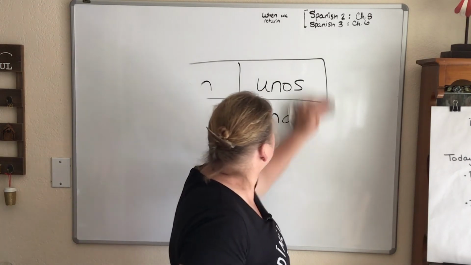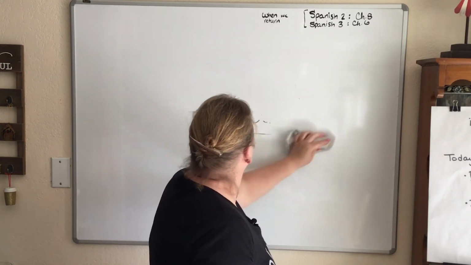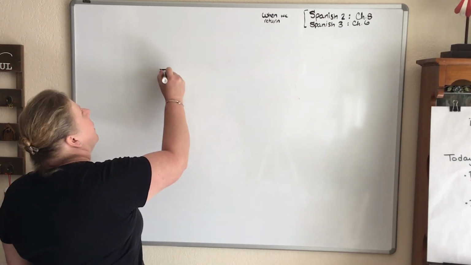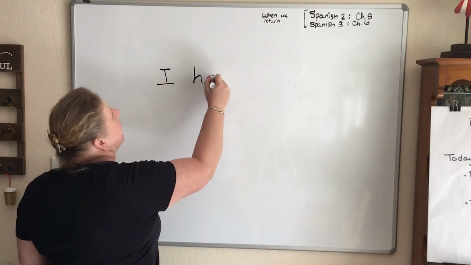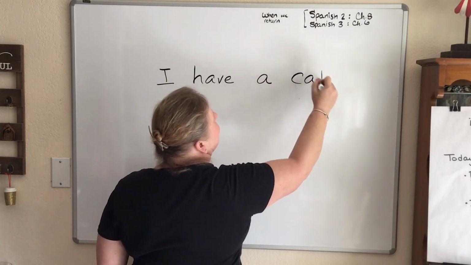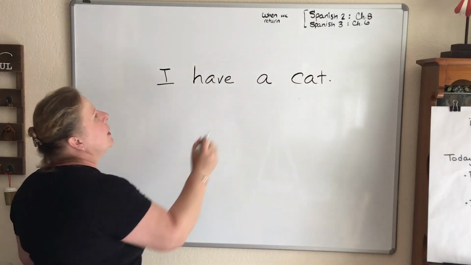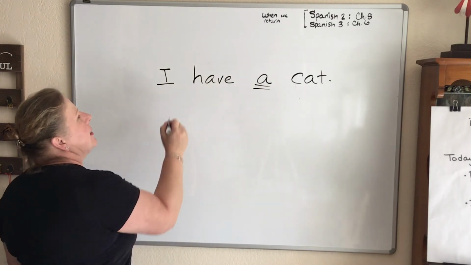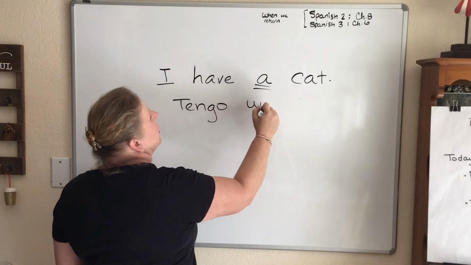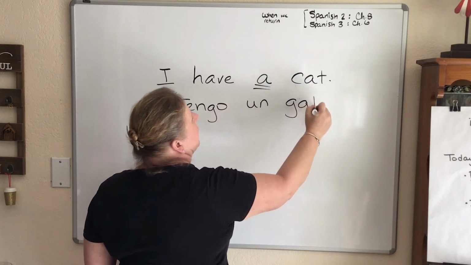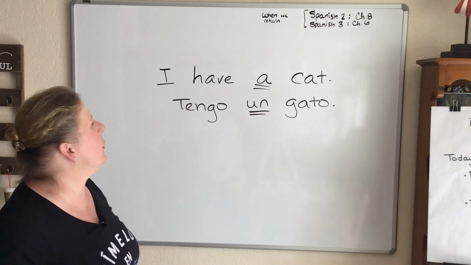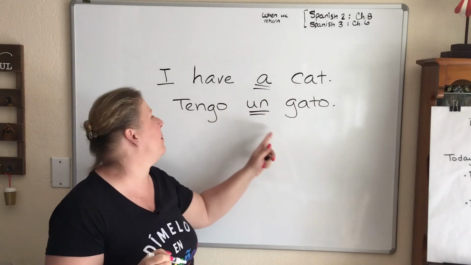So if I want to say, I have a cat. Okay, I'm saying "a cat," so therefore tengo un gato. Notice it's not uno. I chose this masculine example for a reason.